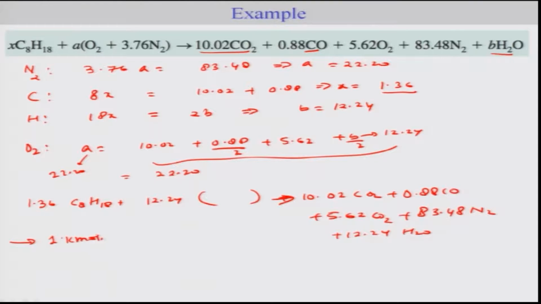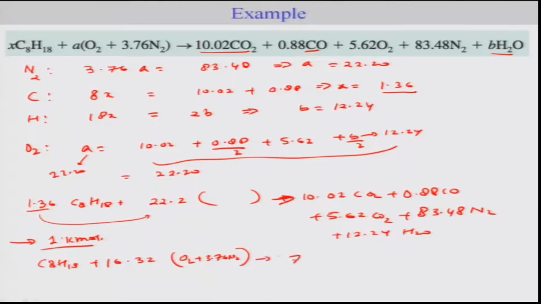For C8H18, this becomes C8H18 plus 16.32, obtained by dividing this number by 1.36 to get the basis of 1 kilomole of octane, which is nothing but O2 plus 3.76 N2, and this is your 7.37 CO2.